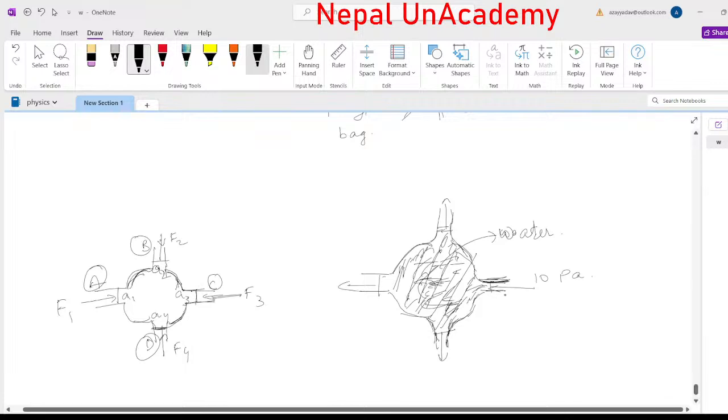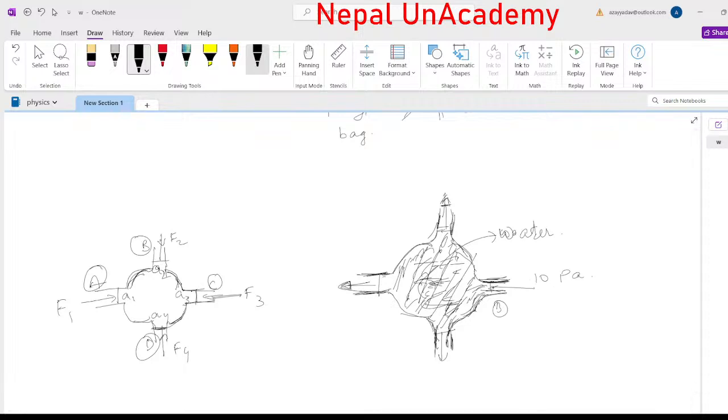When we applied 10 Pascal at piston A, let's say B, whatever you can take, then when we applied a force on piston A, it will exert a pressure.